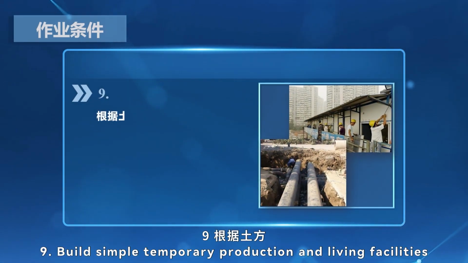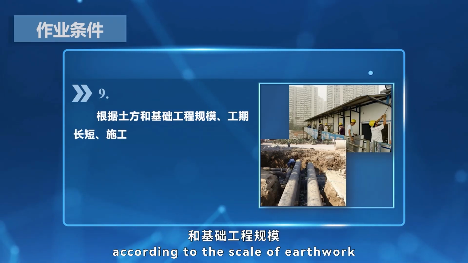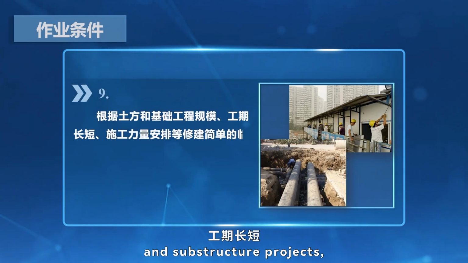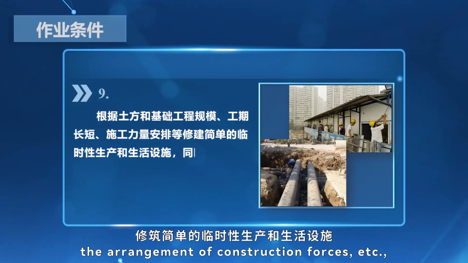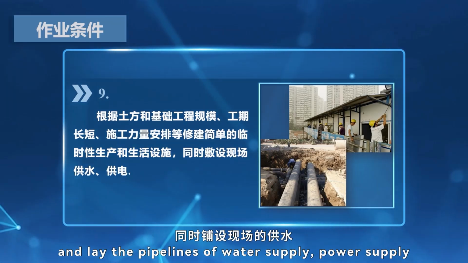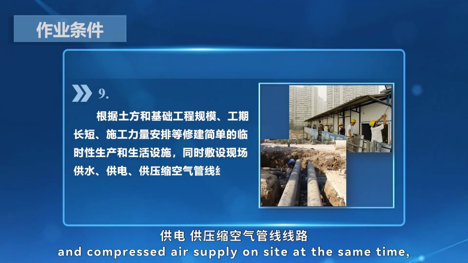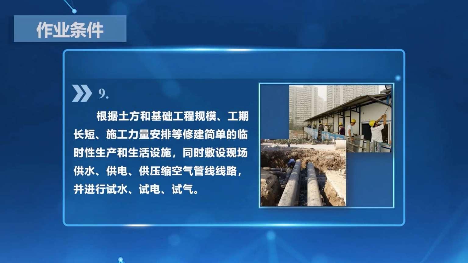Build simple temporary production and living facilities according to the scale of earthwork and substructure projects, the length of construction period, the arrangement of construction forces, etc., and lay the pipelines of water supply, power supply, and compressed air supply on site at the same time, and conduct water, electricity, and gas tests.